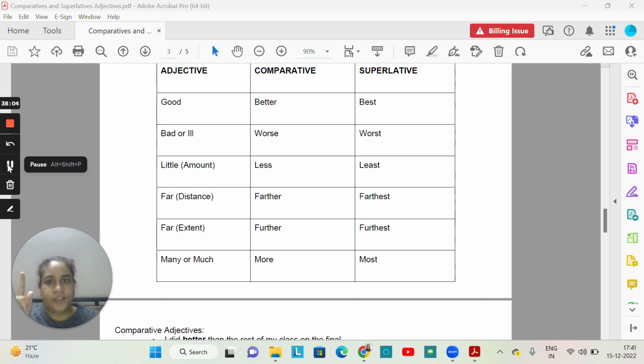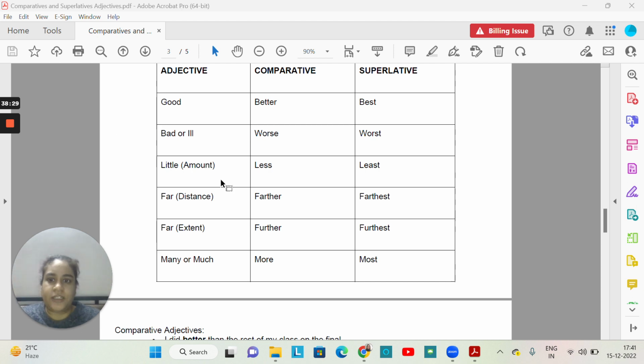Far, we're talking about a distance. If we are talking about a distance, it is farther and farthest. If we are talking about the extent of it, further. Move a bit further. You want the person to shift a little bit. That's it: further, furthest. Then you're not going to say farther and farthest.